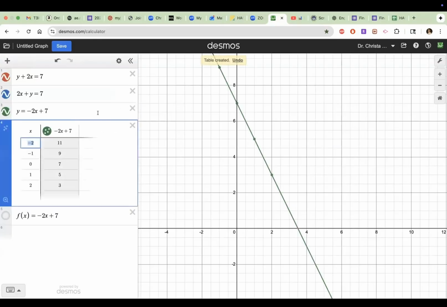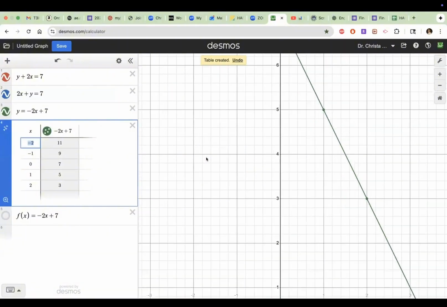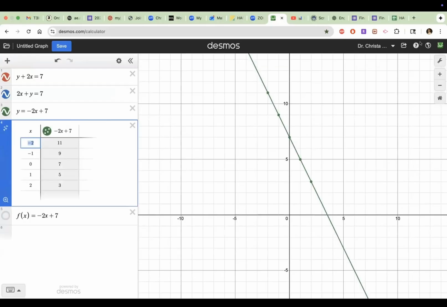All right, so I'm going to do a table of just, okay, I need my mouse because it's just going to zoom in too much. Let me hide my face over here too. Just put that over there. So you see here, it will plot a set of points for me.